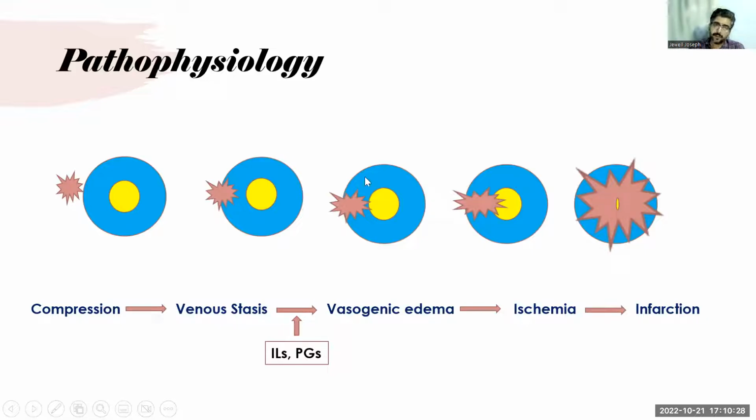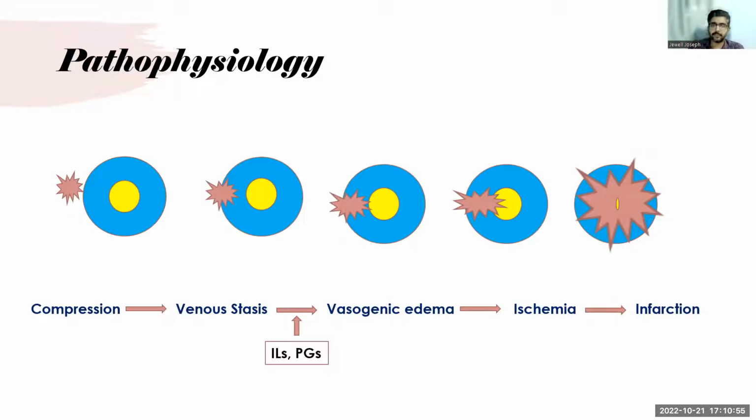The basic pathology here is compression of the venous structures in the intrathecal space, resulting in venous stasis. When there is venous stasis, there will be vasogenic edema. Along with vasogenic edema, there will be increased secretion of interleukins, prostaglandins, various amino acids, etc., which can eventually lead to ischemia and finally to spinal cord infarction.